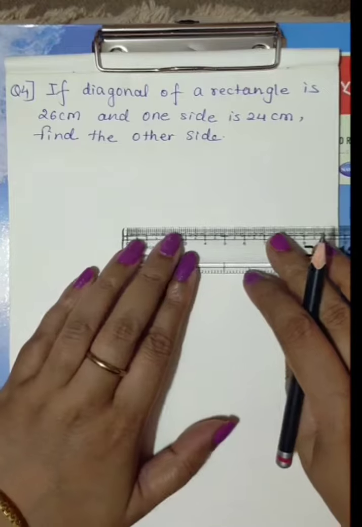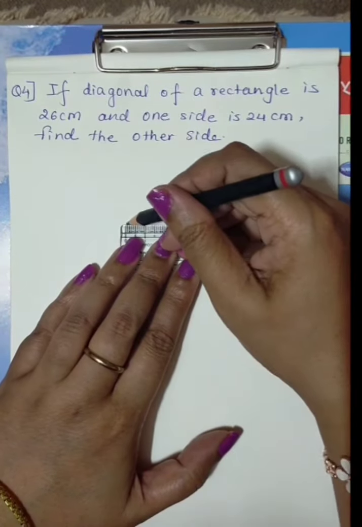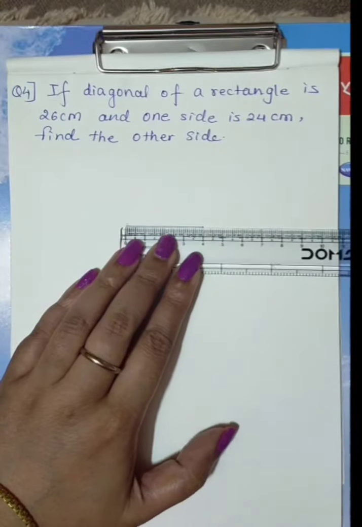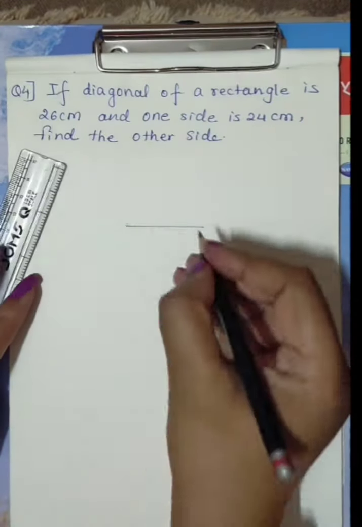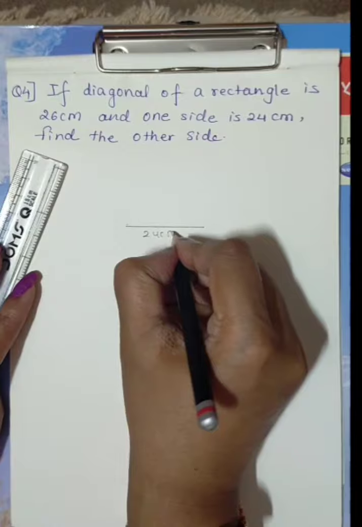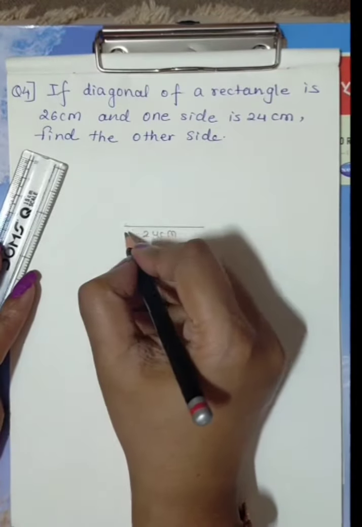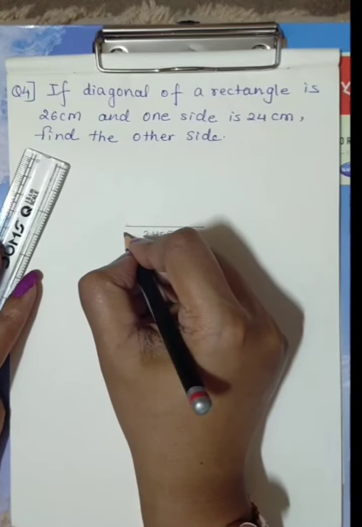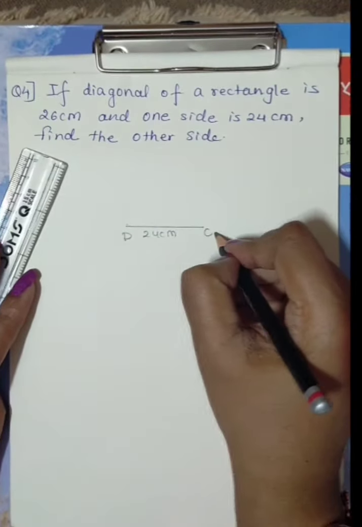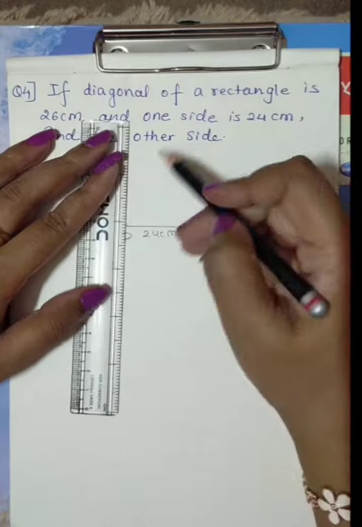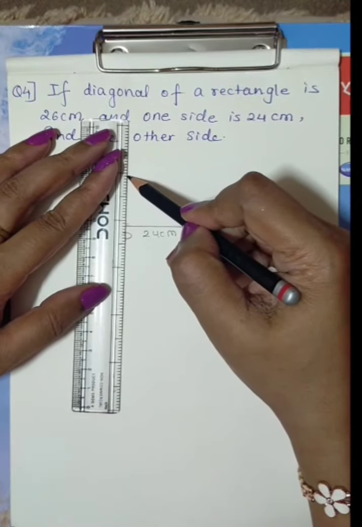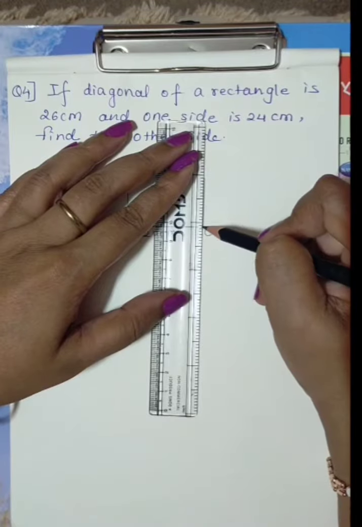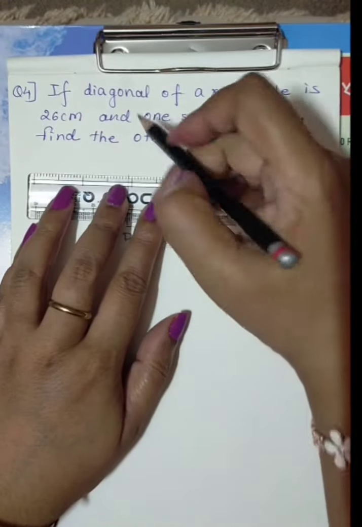So we'll draw a diagram. We'll assume that it is 24. Okay, this is 24. Just assume, because the paper is very short, I am not going to take it that big. Okay, this is, for example, DC. In a rectangle all angles are 90 degree.